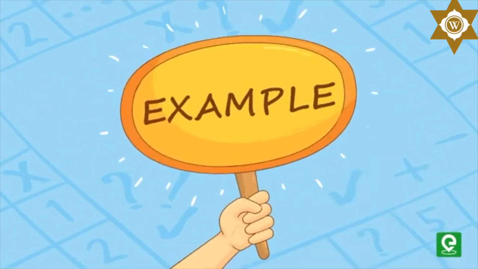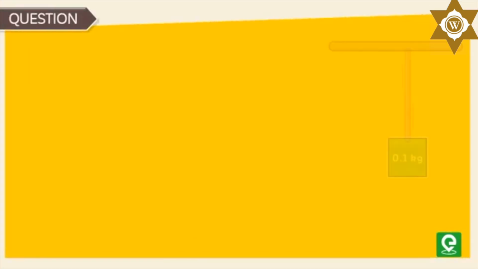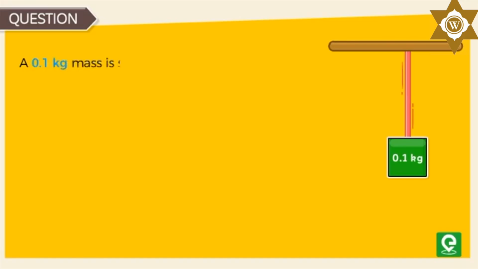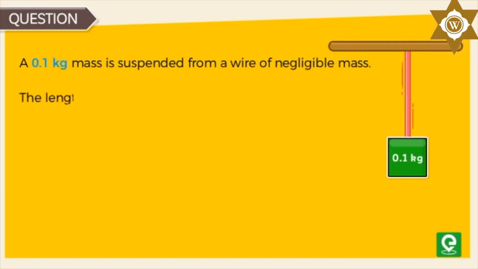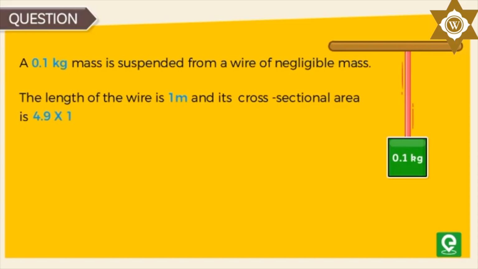Let's solve an example to understand this concept better. Question: a 0.1 kg mass is suspended from a wire of negligible mass. The length of the wire is 1 meter and its cross-sectional area is 4.9 into 10 raised to the power minus 7 meter square.